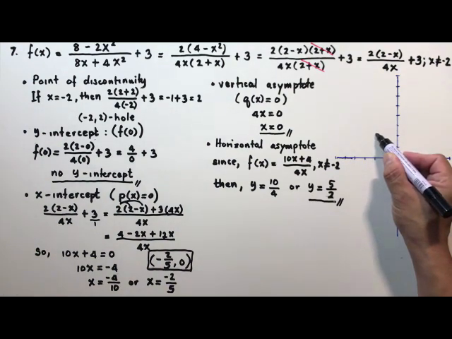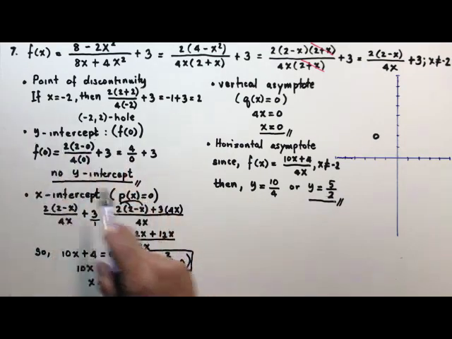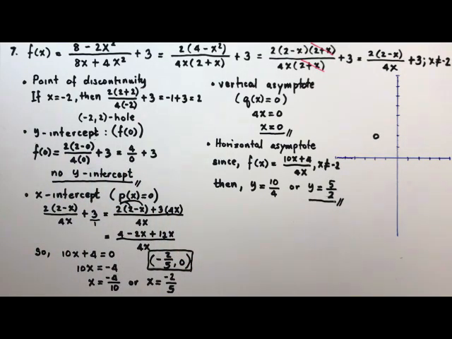So the point of discontinuity is here. And that is the hole in the function. So let's plot also the x-intercept because we don't have the y-intercept. And we have one x-intercept here, which is at x is equal to negative 2/5 here.